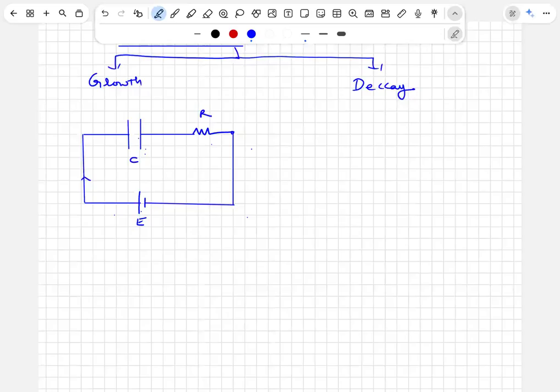Please try to understand. An uncharged capacitor behaves like a conductor when connected to a battery. As time proceeds, the charge keeps building up and the potential difference keeps increasing.